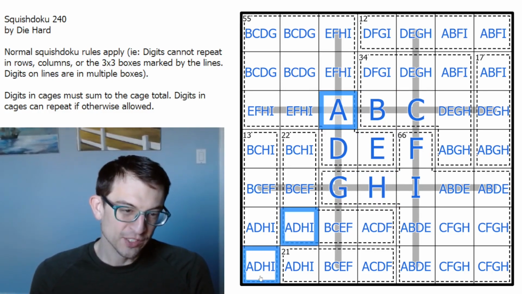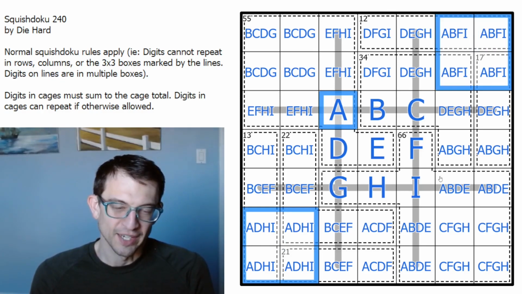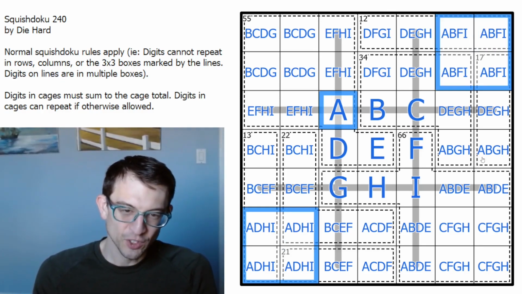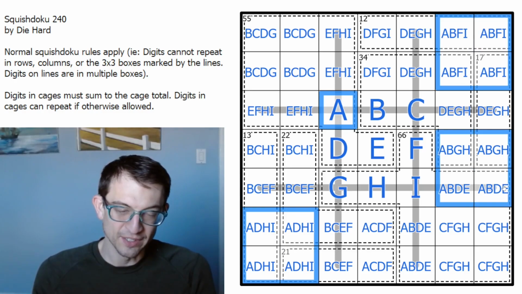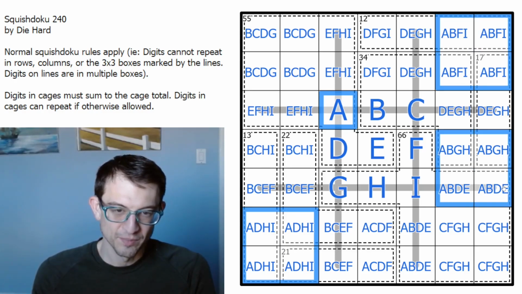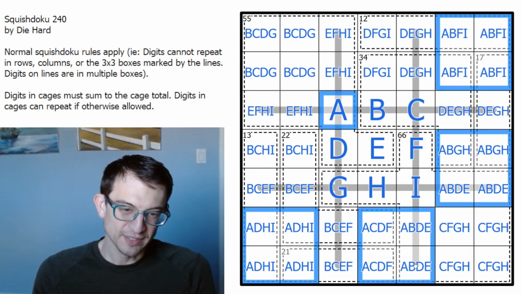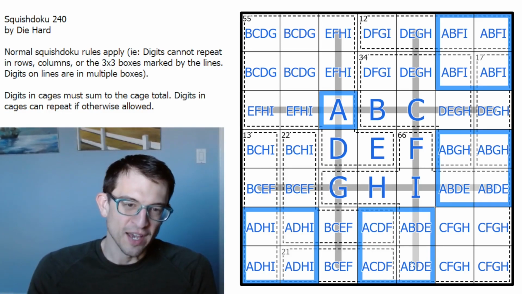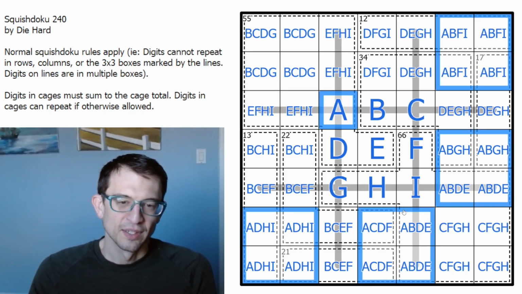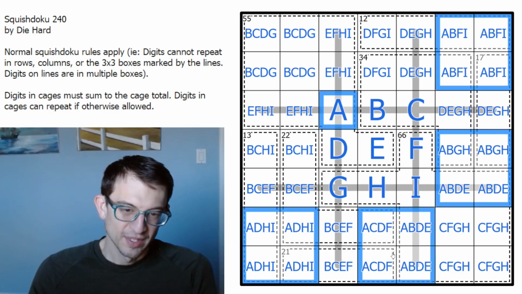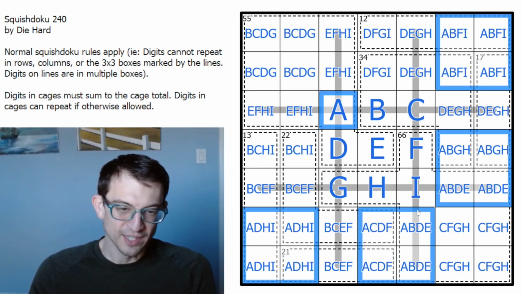Well, A is going to go in this corner and this corner, right? And then it's going to have to go in this box here to satisfy box 6. And it's going to have to go in this box here to satisfy box 8. But it's also going to have to go in one of these lines to satisfy box 9.